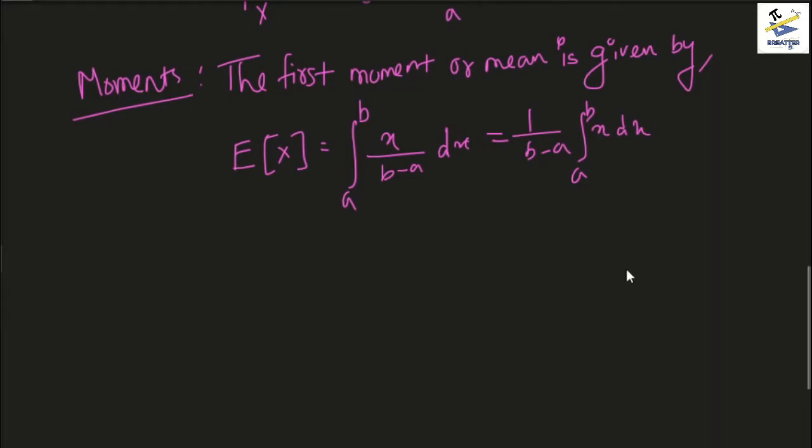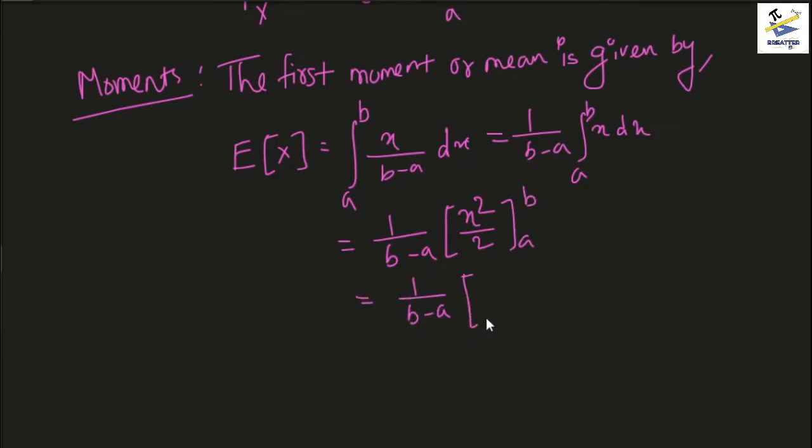Now understand that the integral of x dx from a to b can be evaluated very simply by using the antiderivative of x, which is x square by 2, evaluated from a to b. It will thus become 1 by (b minus a) into (b square by 2 minus a square by 2), right?